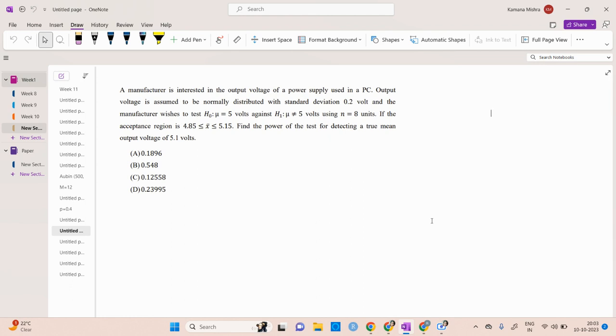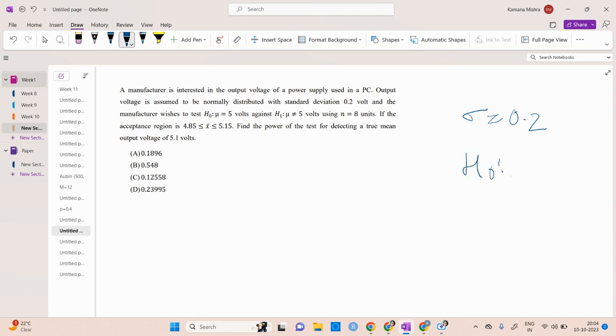The given question is: a manufacturer is interested in the output voltage of a power supply used in a PC, right? The output voltage is assumed to be normally distributed with a standard deviation of 0.2 volt. So sigma given here is 0.2 volt.